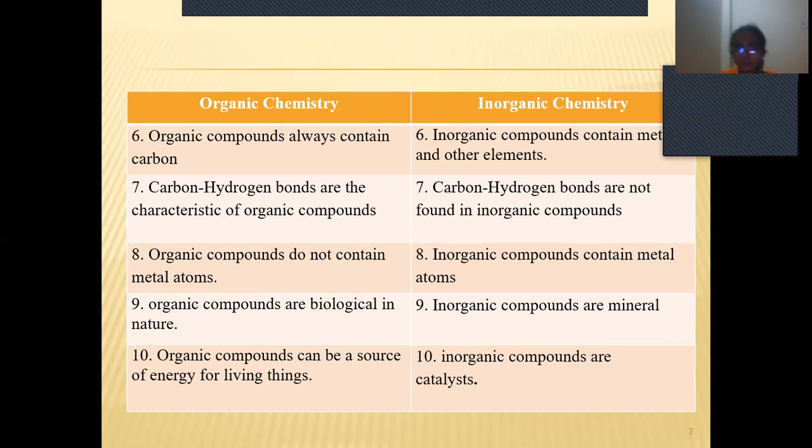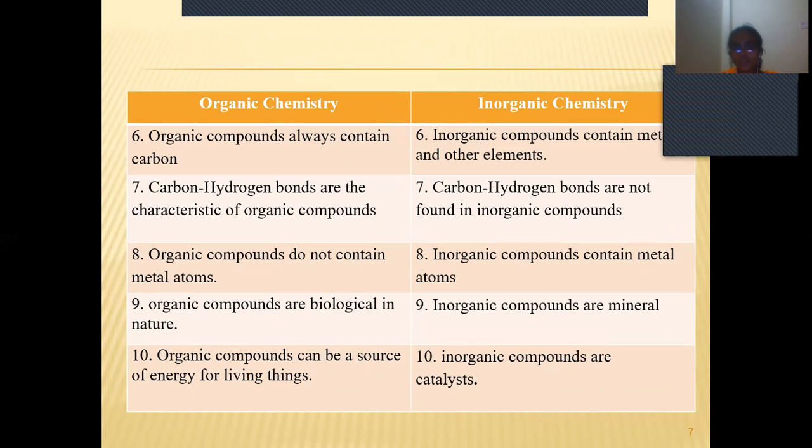Hydrocarbon bonds are most important in organic compounds, but in inorganic compounds this bond is not important. Organic compounds do not contain metal ions, while inorganic compounds contain metal ions. Organic compounds are biological in nature because they are obtained from living organisms.